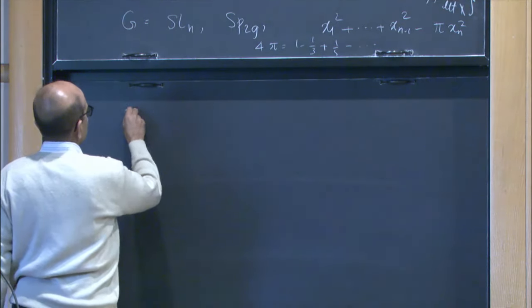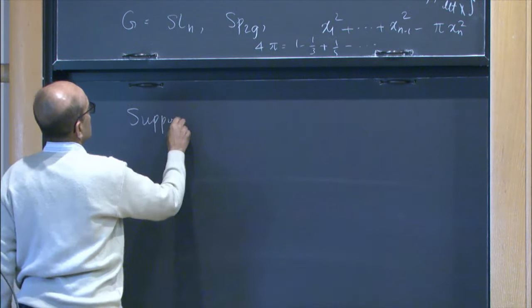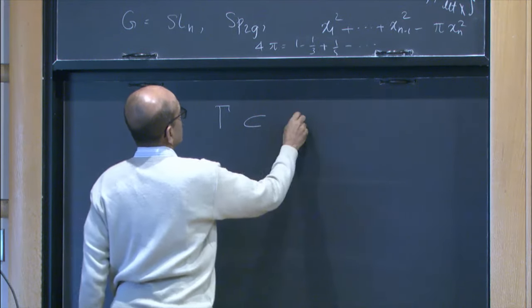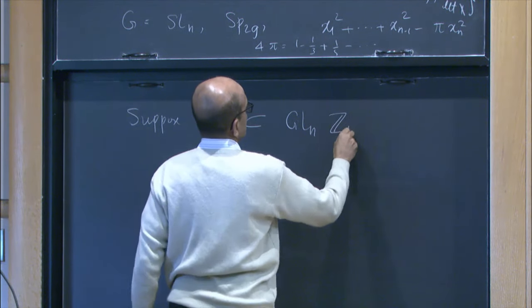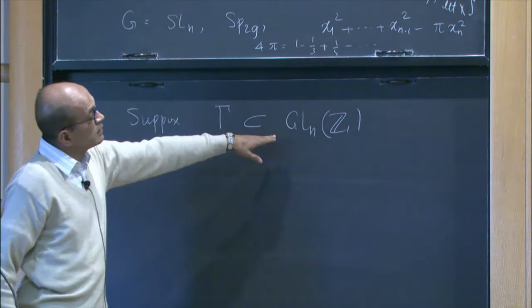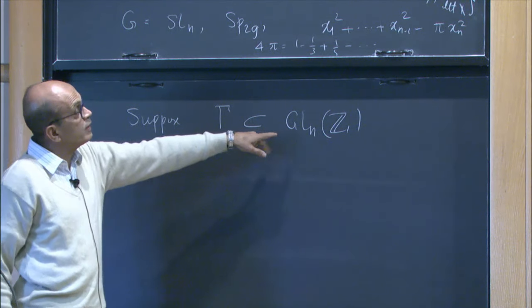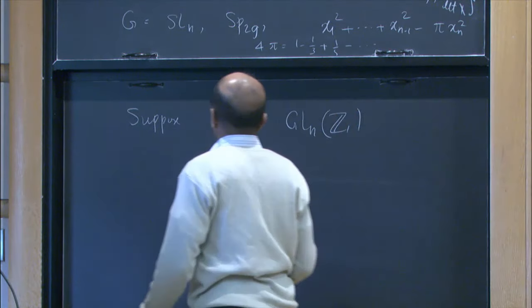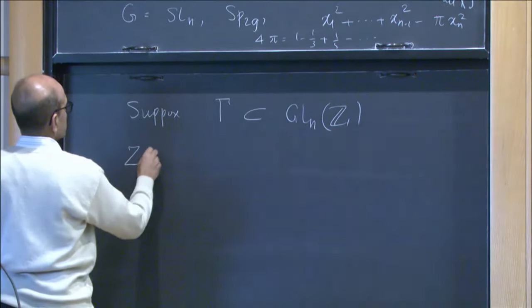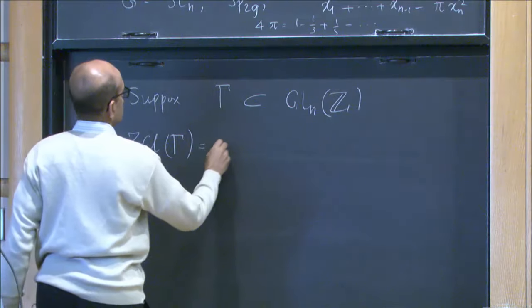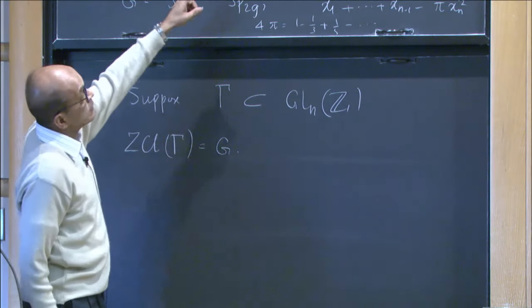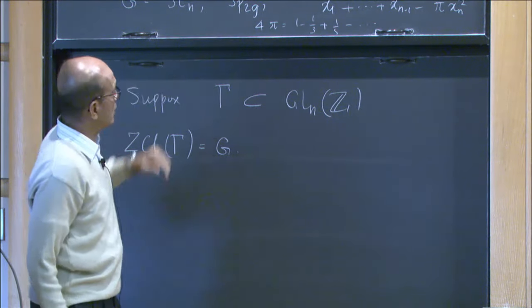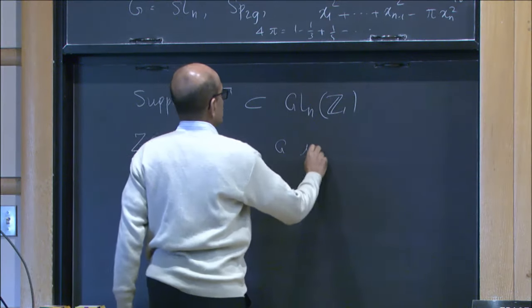So now suppose gamma is a subgroup of GLnZ, that is n cross n matrices whose determinant is plus minus 1 and which has integral entries. So I could look at the Zariski closure of gamma, that's G, that's automatically defined over Q. It's a small lemma.